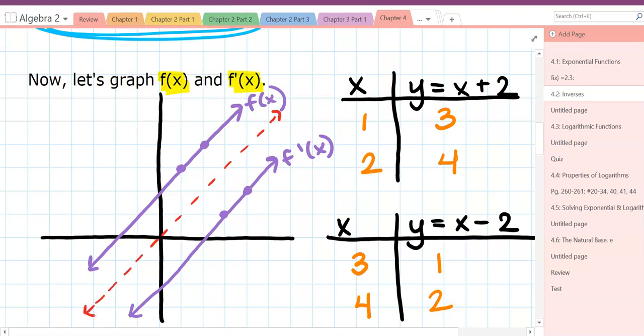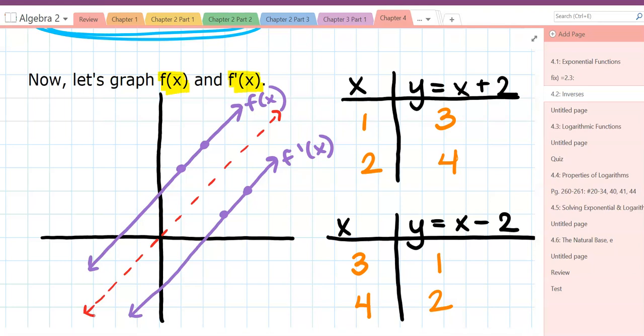Because what's really happening with the inverses when you're looking at their graphs is they're being reflected over this red dotted line here. This is acting like a mirror for both of the graphs. We call it the line of reflection. And so when you're doing these inverse functions and you're graphing them, if you draw that line in on every single one of them, it's not necessarily always going to look like this, where you have a line on either side of it.